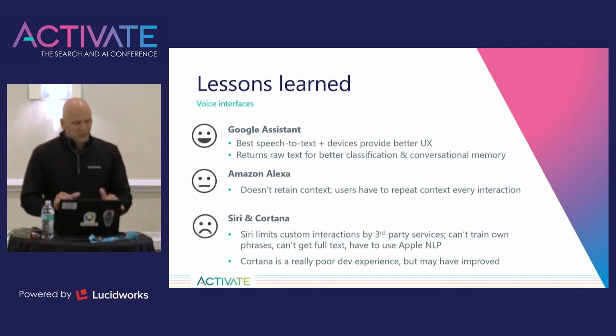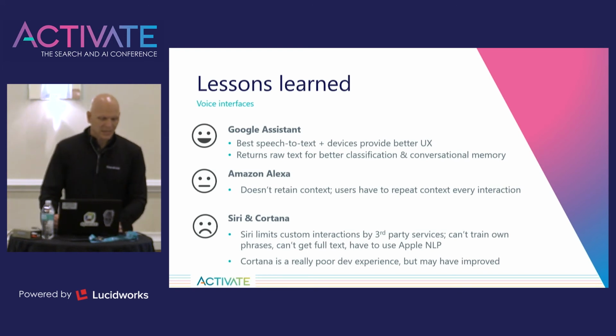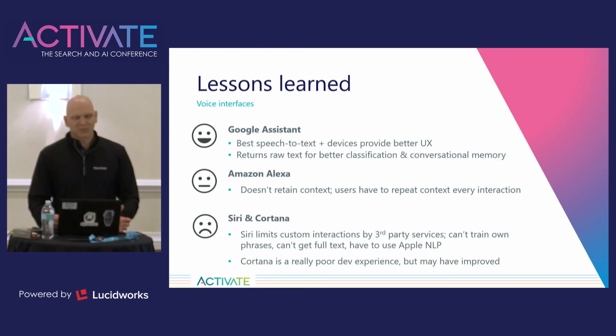The dev experience between Alexa and Google Assistant we found to be similar. They're both fairly easy to work with. Siri and Cortana: Siri really limits custom interactions by third parties. You can't train your own phrases, you can't get the full text. You're really challenged, right?